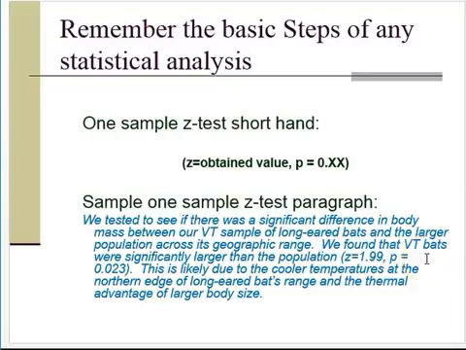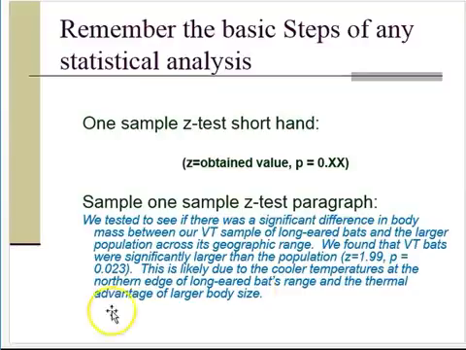So I say, we found that Vermont bats were significantly larger than the population. I enter my z that tells them the test, my obtained value, and the p-value associated with that. Then comes the interpretation part. This is likely due to the cooler temperatures at the northern edge of long-eared bats' range and the thermal advantage of larger body size.